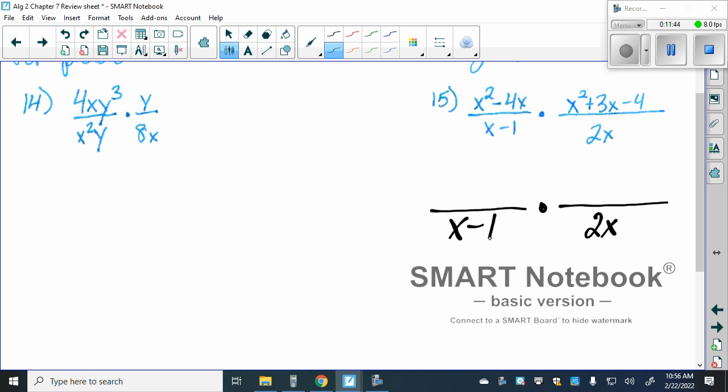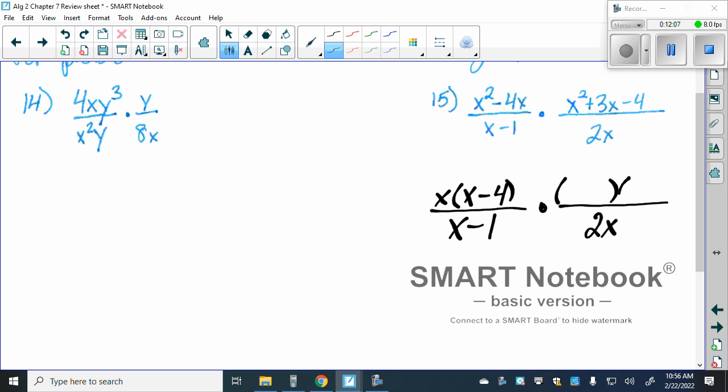Exactly, we do have a greatest common factor of x. X is in common in both terms. So we can pull an x out, which would leave us with x minus 4 inside the parentheses. And since the degree inside the parentheses is 1, that's as simplified as it gets, because we don't have an x squared anymore.